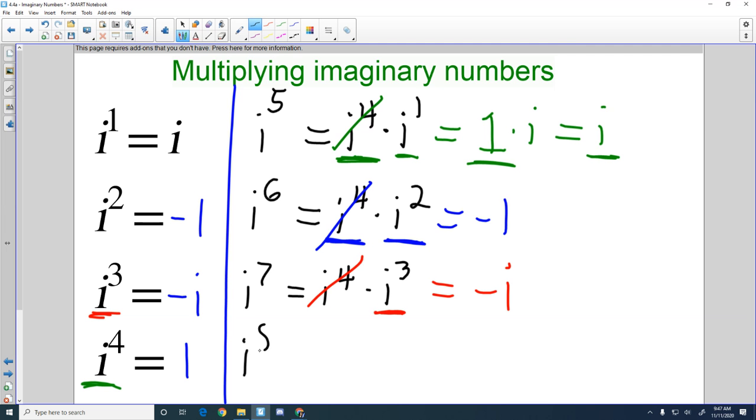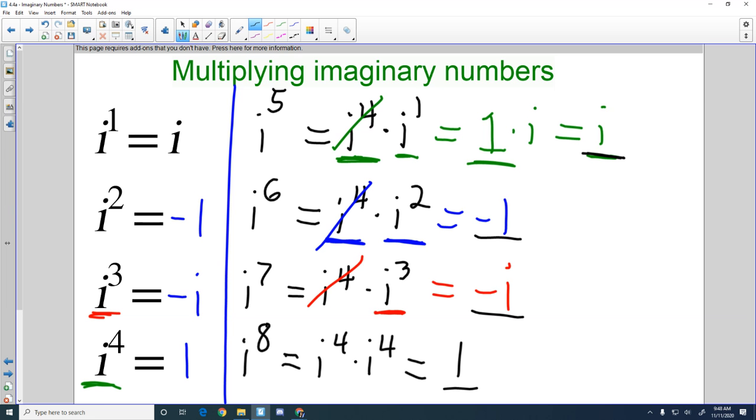If we go to i to the eighth, well, we can break that down as i to the fourth times i to the fourth. And we know that is 1 times 1, which is just 1. And if we look at these 4 different answers, we got an i, negative 1, negative i, positive 1.